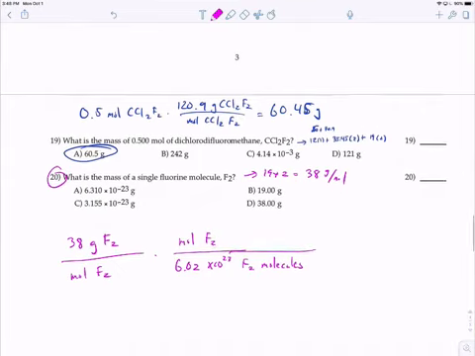And so doing this is going to get you 6.3 times 10 to the minus 23 grams fluorine per molecule. So go divide by Avogadro's number.